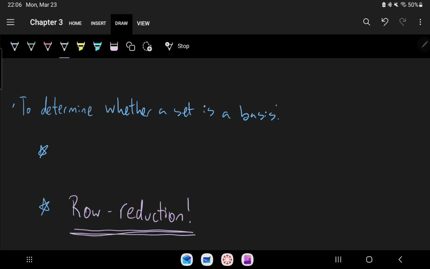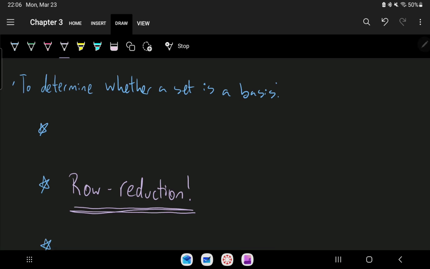Familiar territory. Personally, I really tried to hammer home how to do row reduction very early on, and so now that it's coming up every single time, it's like, okay, cool, I know how to do this. Let's go. So, as you can see from the list of stars here, row reduction is going to be the second step, but the first is basically to form an augmented matrix.